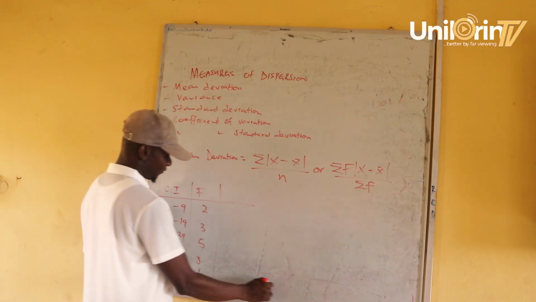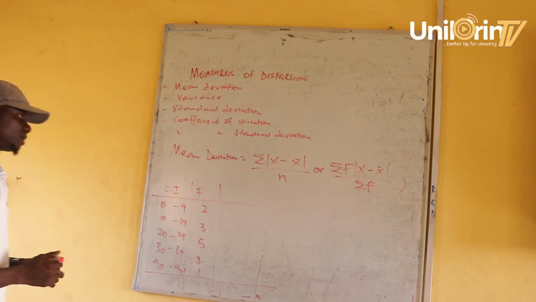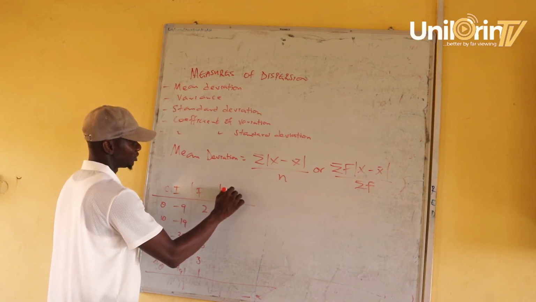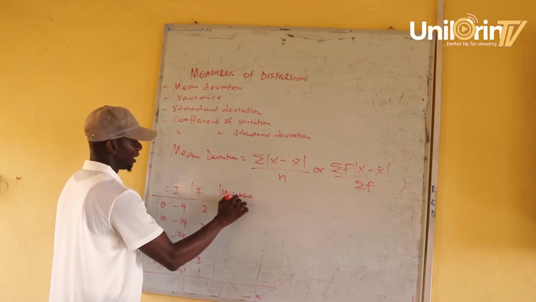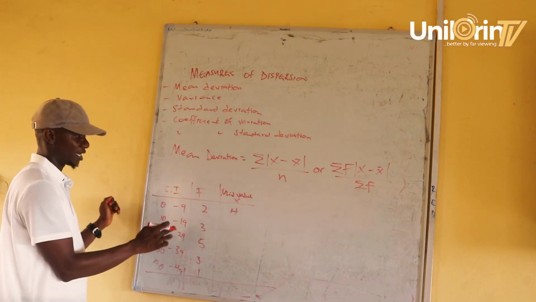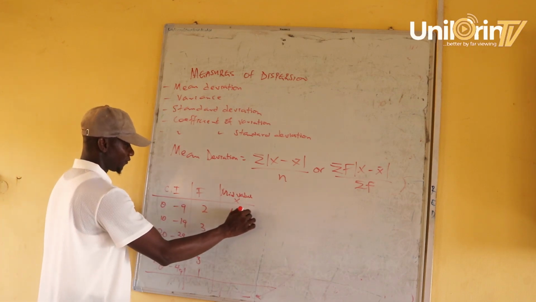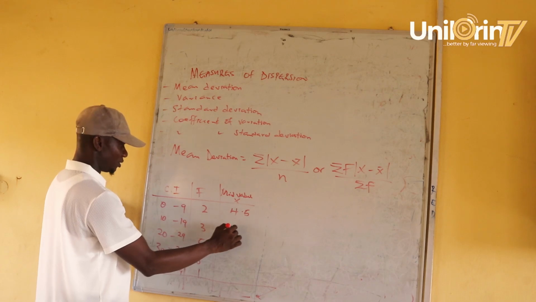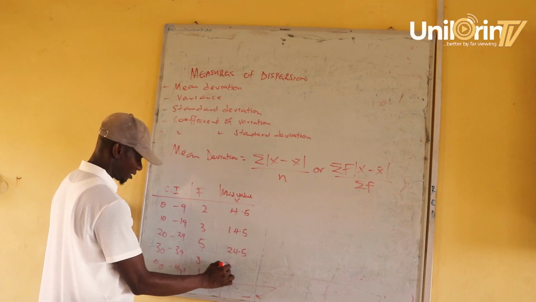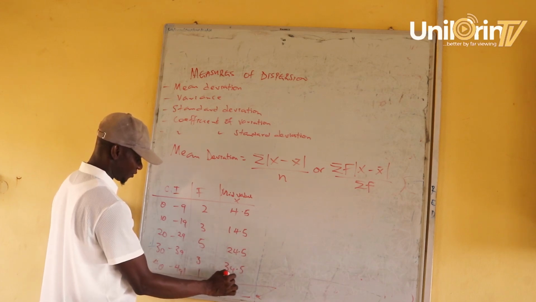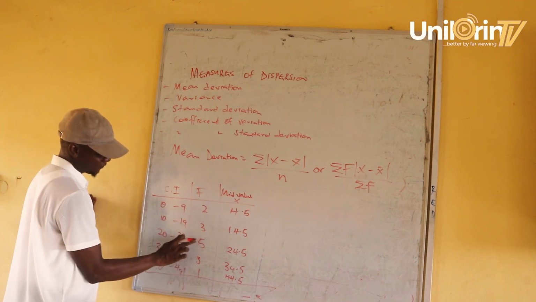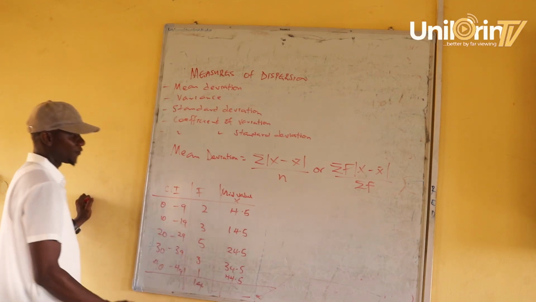The first thing we need to do is find x, the mid value. That is, you add the two values of the class interval and divide by 2. So this will be 4.5, this will be 14.5, 24.5, 34.5, and 44.5. And add the frequencies together: 5, 10, and then 14.